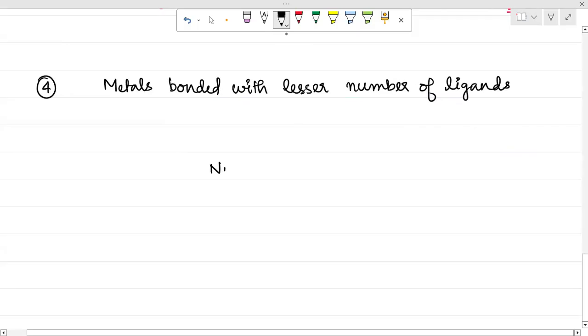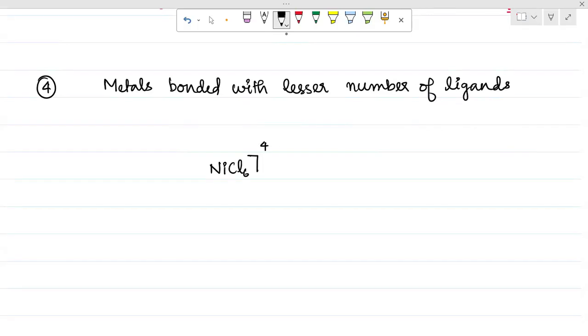Let's say you have NiCl6 4 minus, and you have NiCl4 2 minus. If you can see, here there are 6 ligands, and here there are only 4 ligands. Correct. So what happens over here? What is the formal charge? Please find the formal charge.